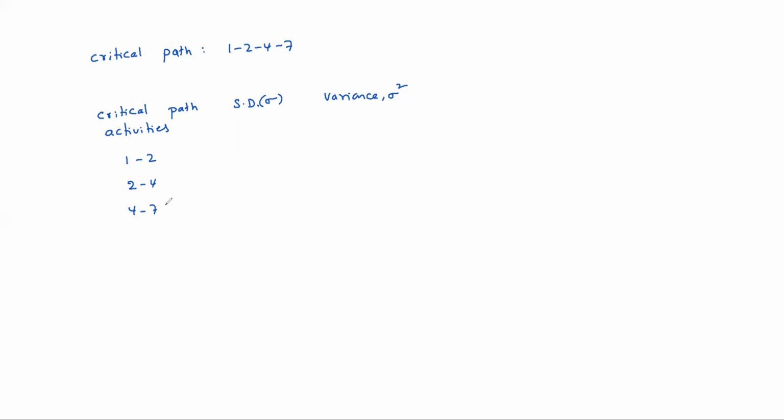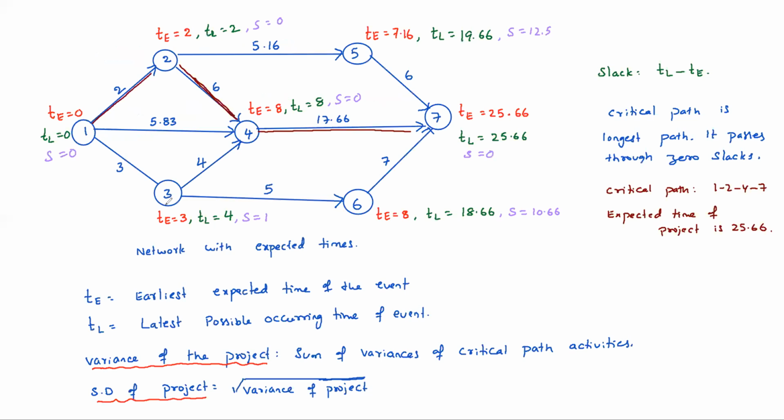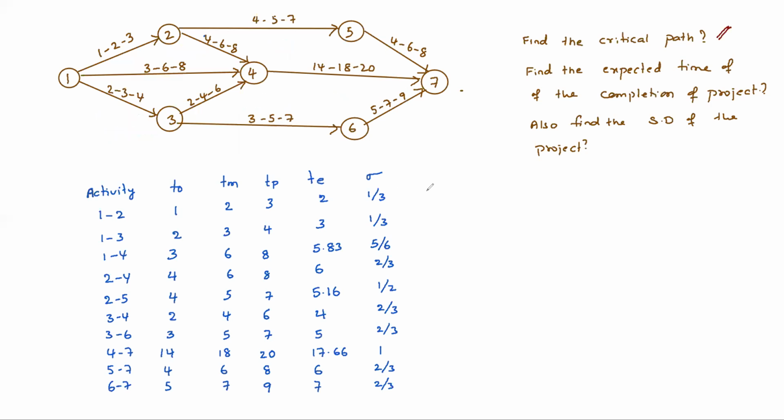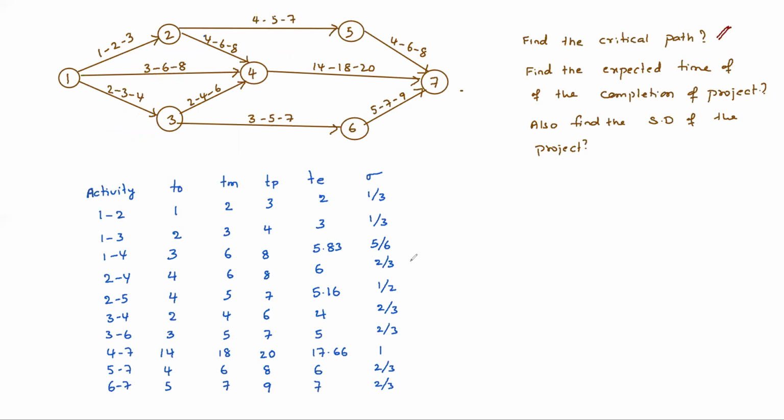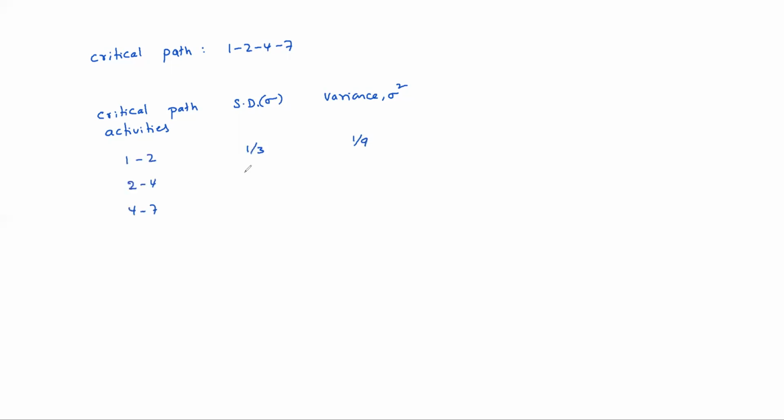For the 1, 2 activity, what is the standard deviation? It is 1 by 3, so the variance is 1 by 9, the square of that. For the 2, 4 activity, it is 2 by 3, so 4 by 9 is the variance.